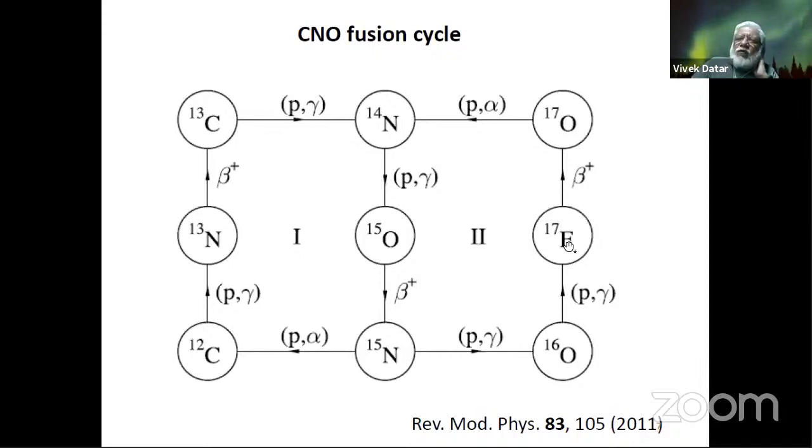But the 17 fluorine, which is produced in stars, decays to oxygen-17, which in turn can react with the proton through the P alpha reaction, go to nitrogen-14, and then this cycle can again continue in both these directions. So one cycle goes like this, the other cycle goes like this, and these are the 2 cycles that can occur. So this is called the CNO cycle. So this is the reference. This figure is actually taken from a Reviews of Modern Physics article.